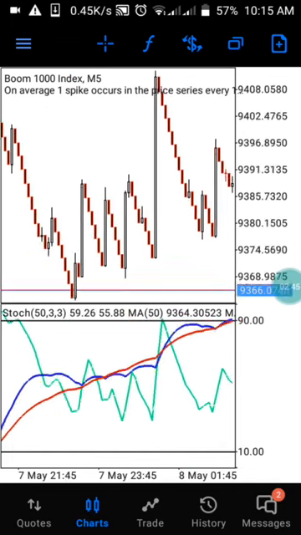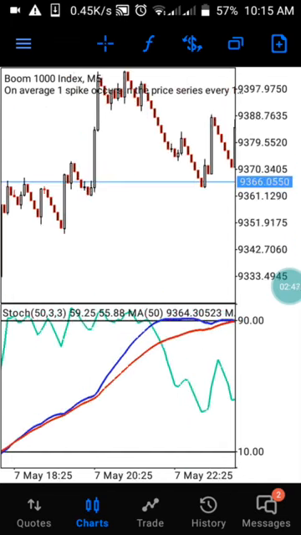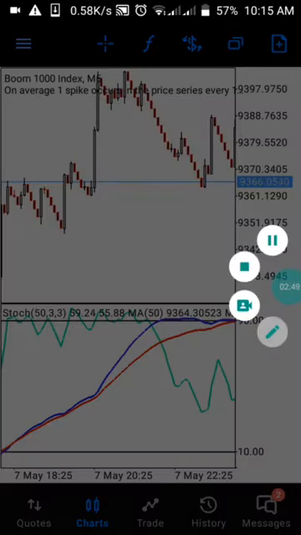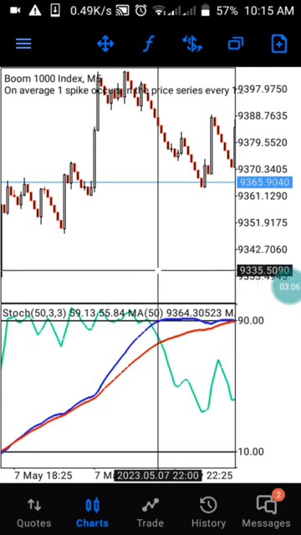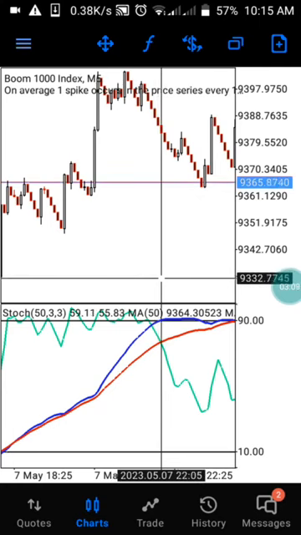And if you keep checking, you will see that the stochastic oscillator is ranging in that 90 level, before the two moving averages cross over the stochastic. Once it crosses, this is the right time for you to enter the trade, exactly at this level. Then you count your two candles down and catch your trade.